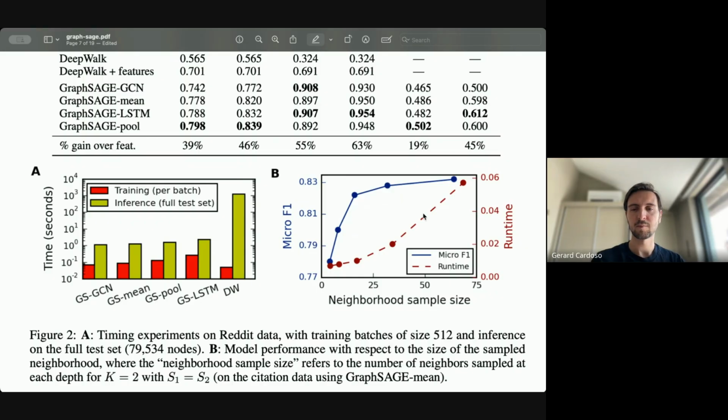But the runtime obviously increases sort of exponentially. So you need to find the trade-off that works for you, I guess. And I suppose this is quite dataset specific. When thinking about the citation dataset, looking at 30 neighbors per step or 25 probably gets you a lot of information already, which is why it plateaus. But I wonder what it is for other kinds of datasets.